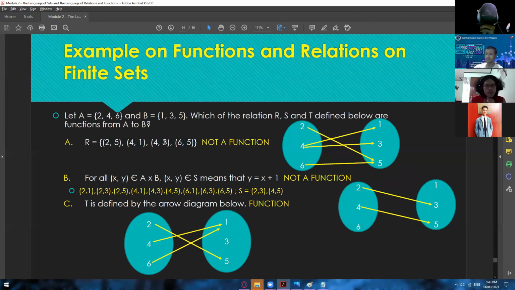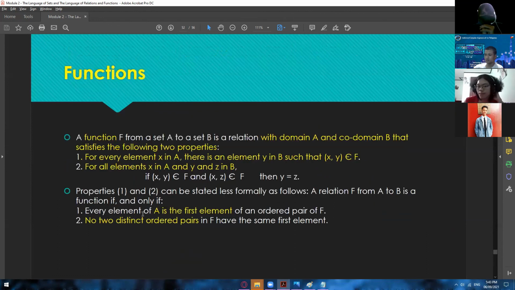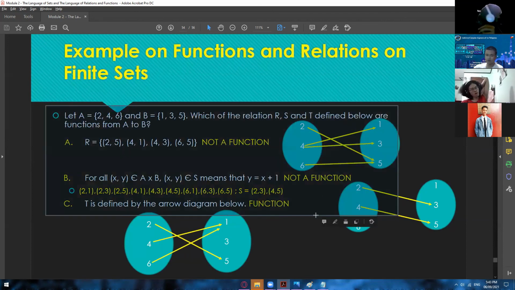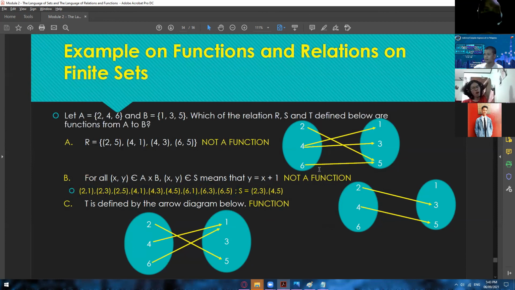So the next thing that we need to check is whether this one is a function or not. Yes, this is a relation, but let's see. We have (2, 5), (4, 1), (4, 3), and (6, 5). If you take a look at the rules, A is the first element, so that is true, meaning all of our first elements can be found in the set.